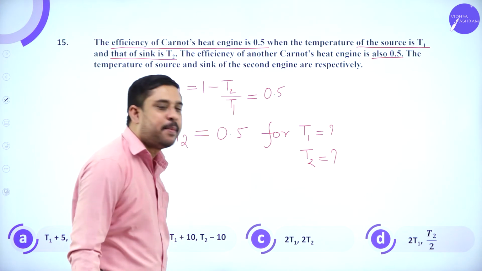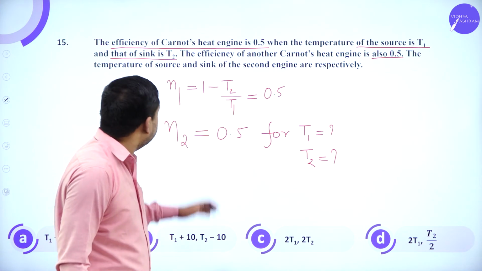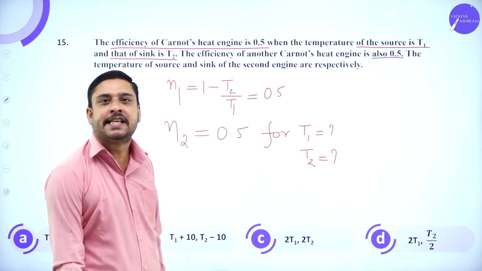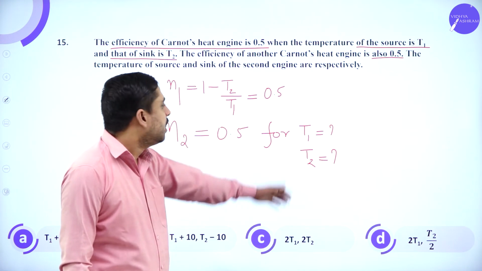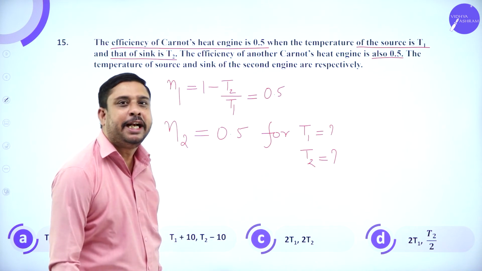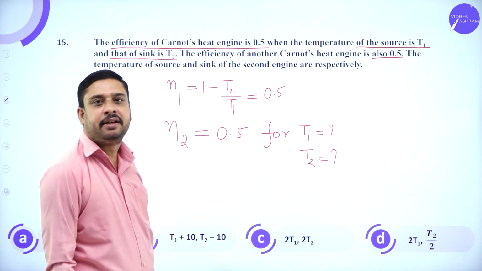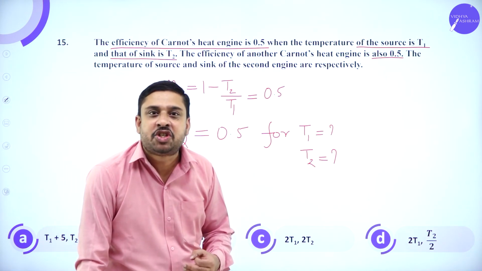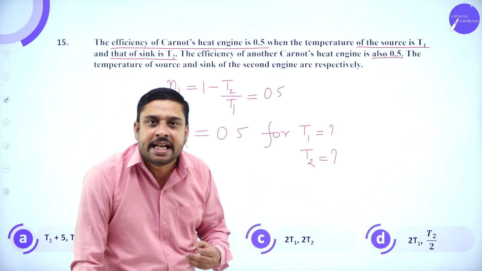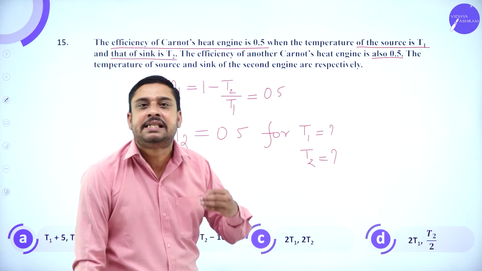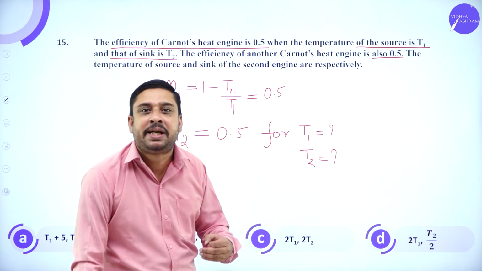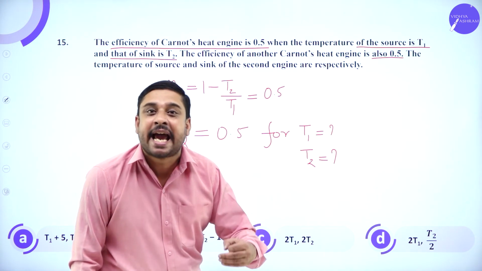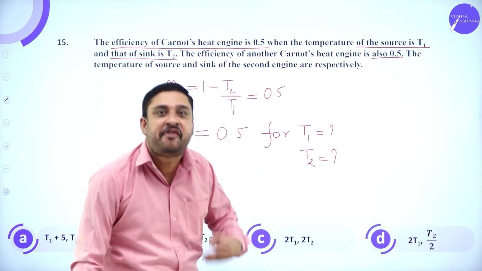The efficiency has to remain the same. First engine, efficiency is 0.5. Second engine, 0.5. Then what should be T1 and T2? Understand, the efficiency of an engine remains the same when T1 and T2 are changed by the same factor.